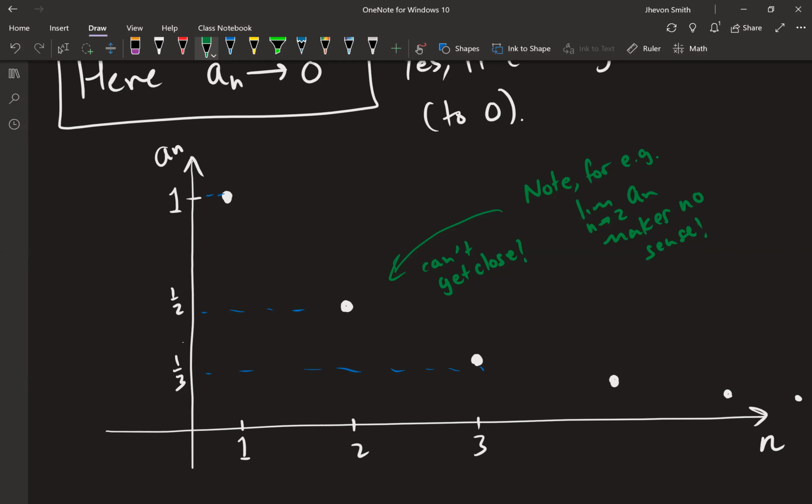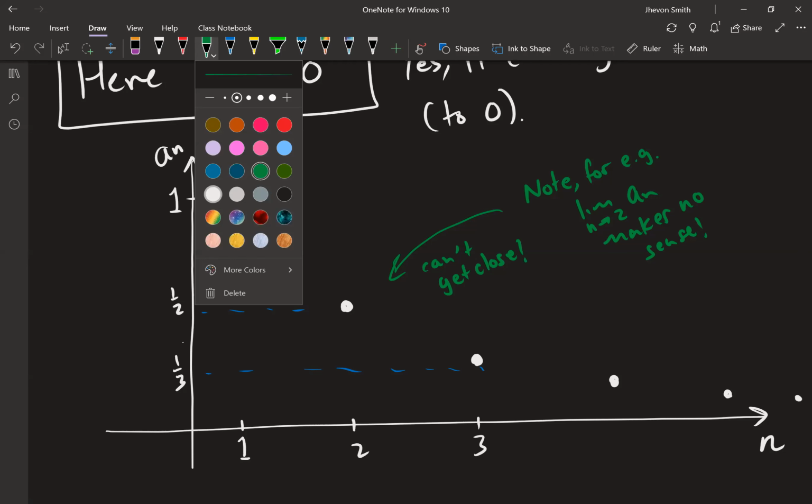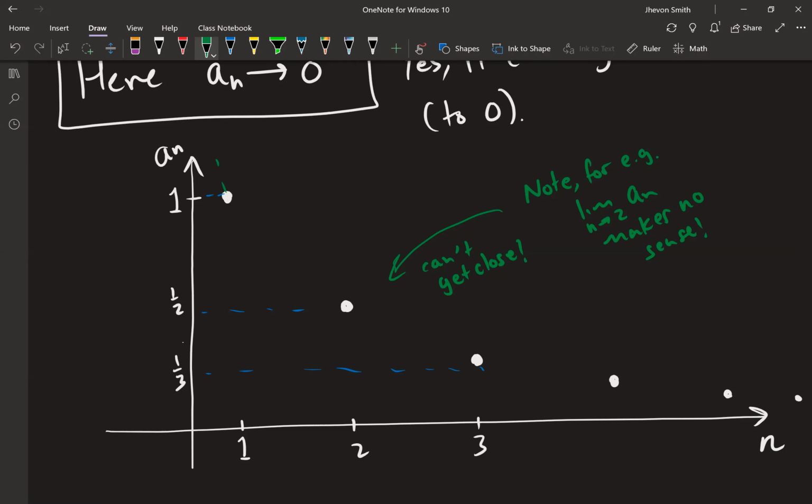However, what you notice is I can talk about the trend. I can imagine that there's some curve connecting these points. However, the trend goes to 0. It keeps getting smaller and smaller, but it approaches 0.